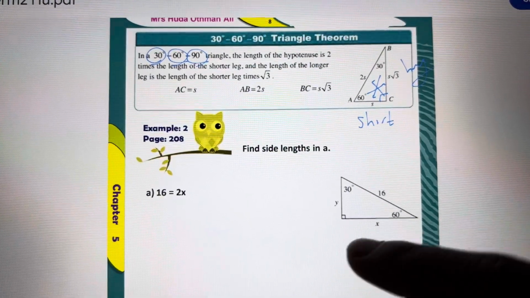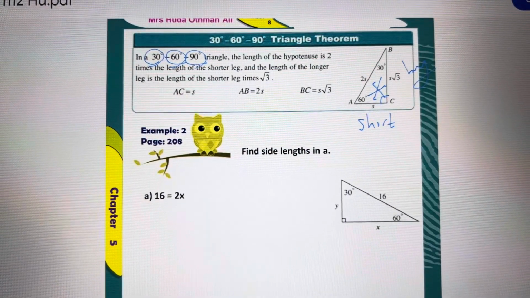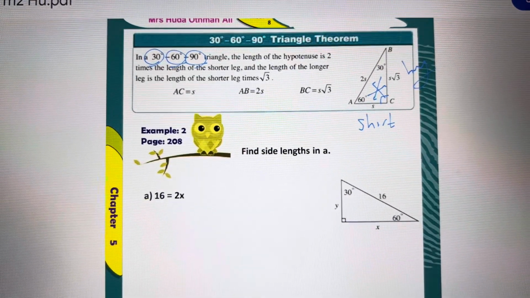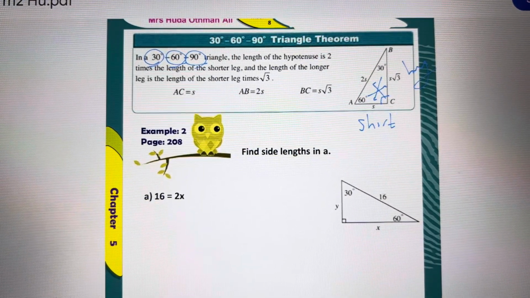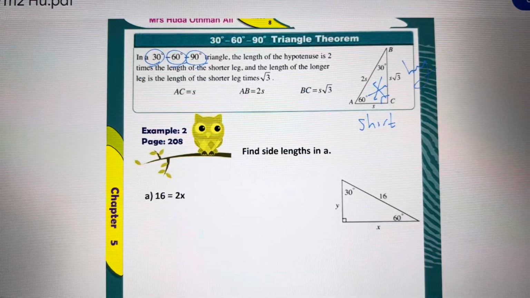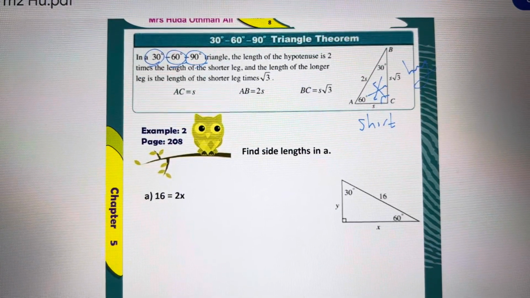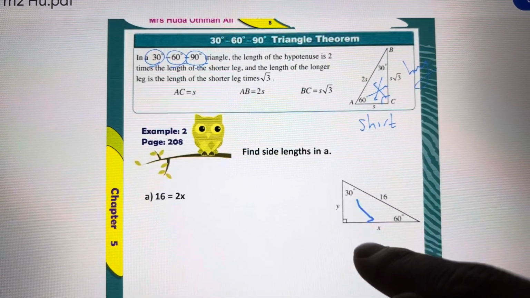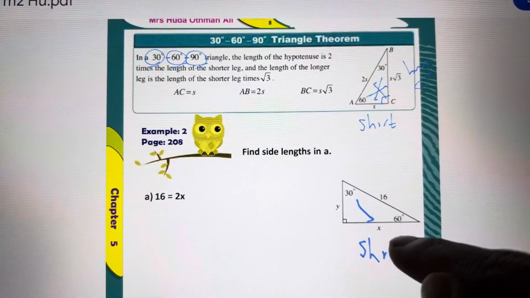What do we have? I check the angle first. So I have 30. Whenever you see 30 or whenever you see 60, directly you will use the rule for the second one, not the first one that we just studied. The opposite of the 30 is always going to be the short side.